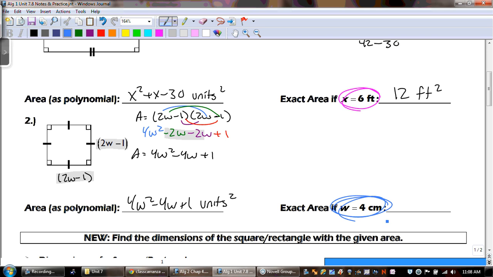Okay, this time when we have to plug in the exact number, they're saying that if W equals 4 centimeters, so we have 4W squared minus 4W plus 1, and now we're plugging in a 4. Order of operations says we have to do exponents first. 4 squared is 16.